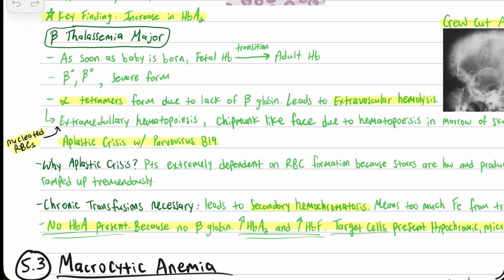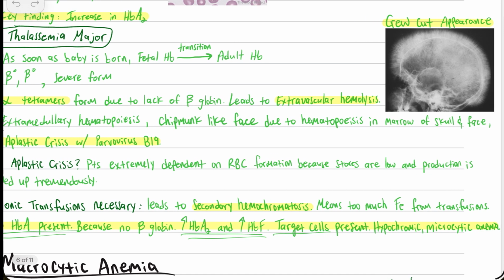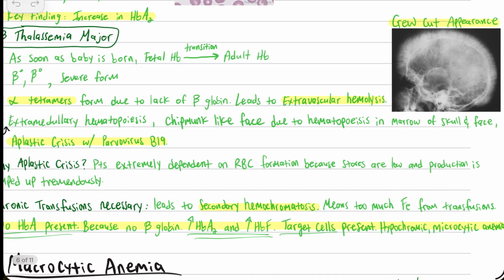And you have several symptoms, buzzwordy stuff for beta thalassemia major. One of them is going to be your chipmunk-like face due to the hematopoiesis in the marrow of the skull and the face. So normally, you wouldn't have that going on.